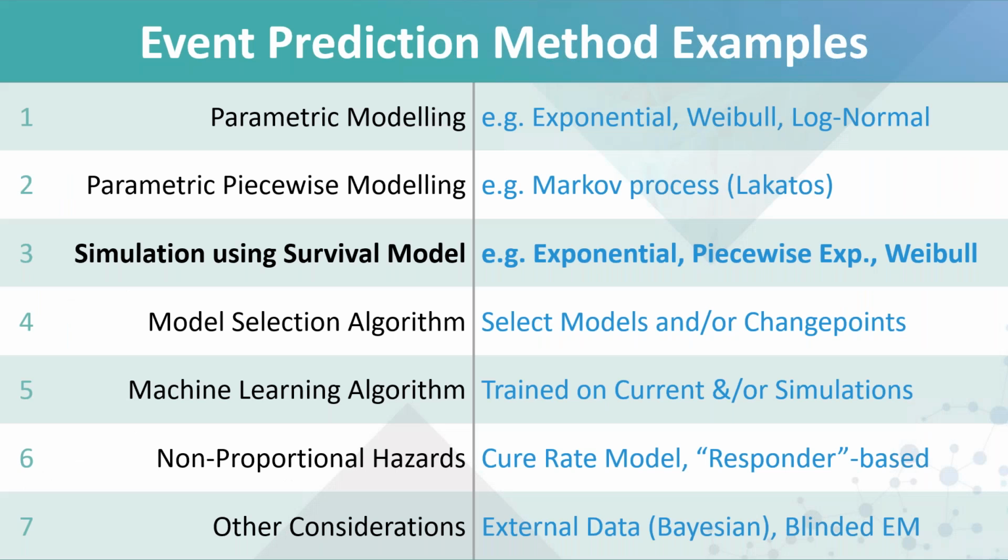So this is a very similar set of options available for survival event prediction compared to enrollment prediction, like parametric modeling and simulation, which is what we'll focus on today. There are model selection approaches and machine learning. And if you're talking about more modern problems like non-proportional hazards and similar, or time-varying covariates, then there's a variety of different independent approaches for those things as well.